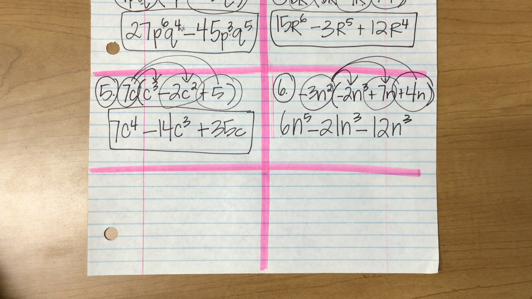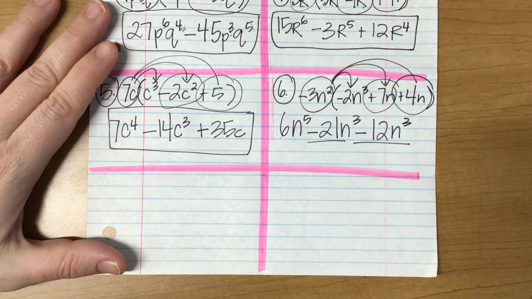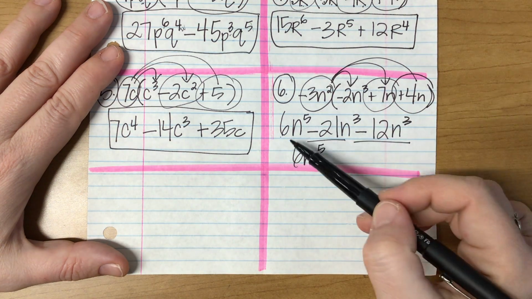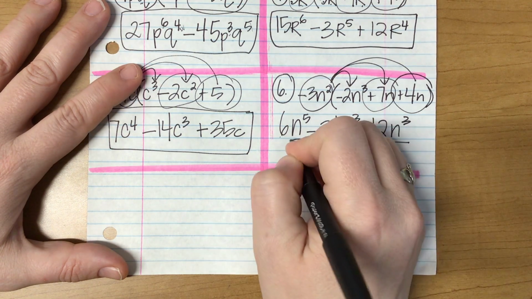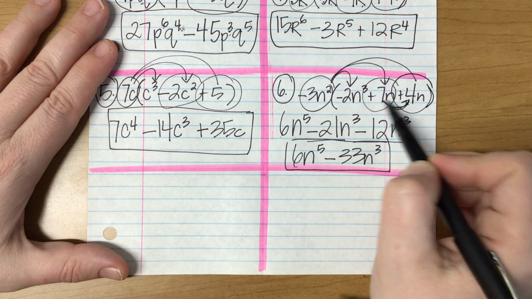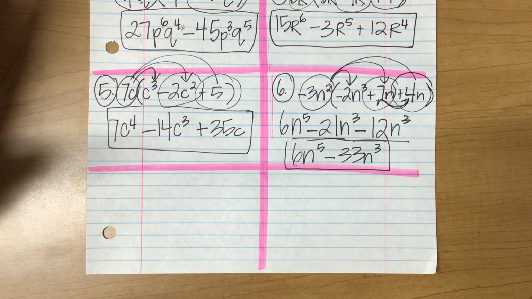Maybe that means that we won't lose it. Unlikely, but. The last two terms are like terms, so we need to combine them. 6n to the 5th minus 33n to the 3rd. You could also combine them up here when they're in parentheses and rewrite the problem. It does not matter where they get combined.